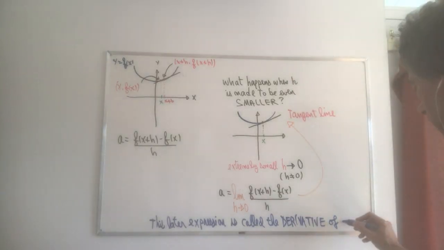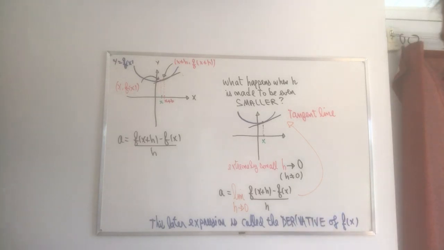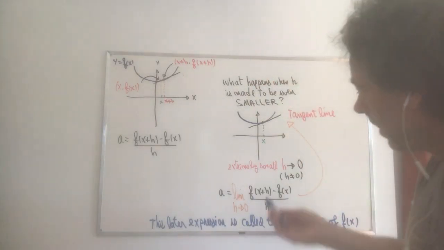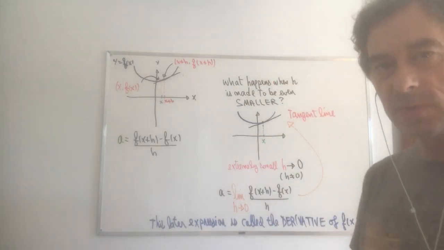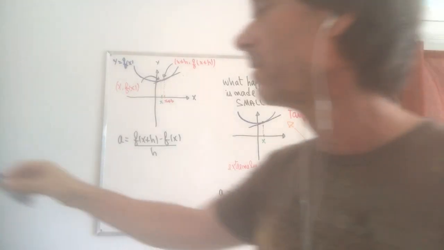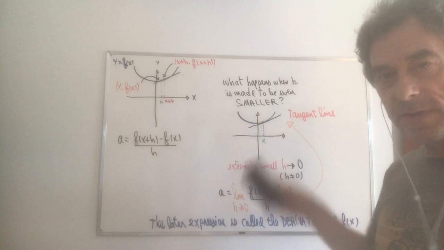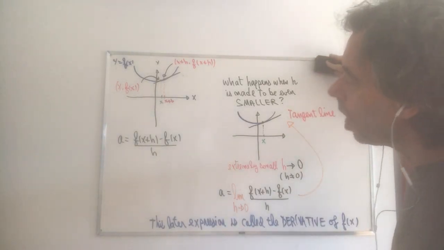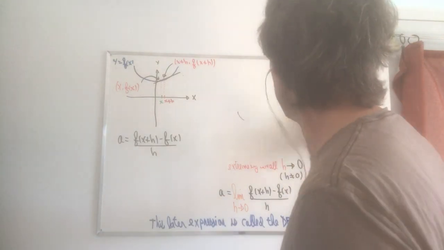The derivative of f of x. Fantastic. So this guy here is known as the derivative of f of x. Lovely. Okay, I'm just going to repeat this definition on the next one, but in the meantime I need the space in 2, 1, 0.